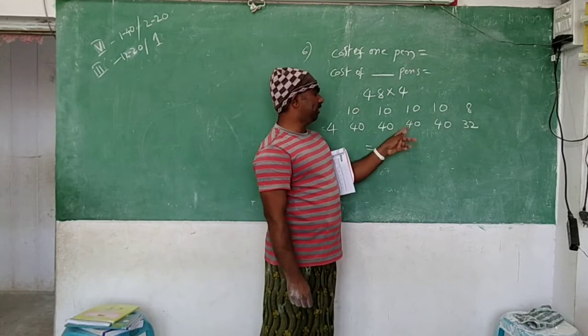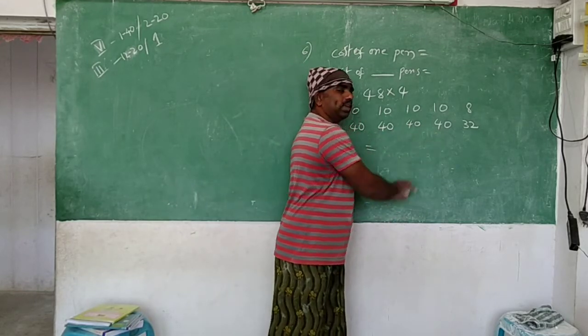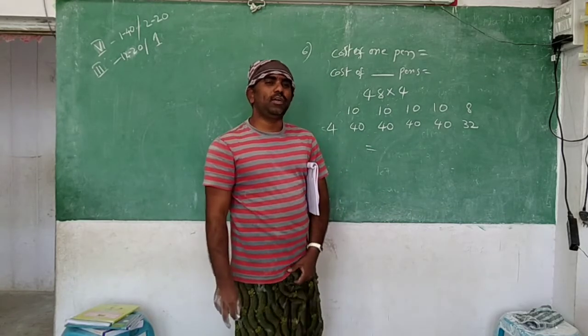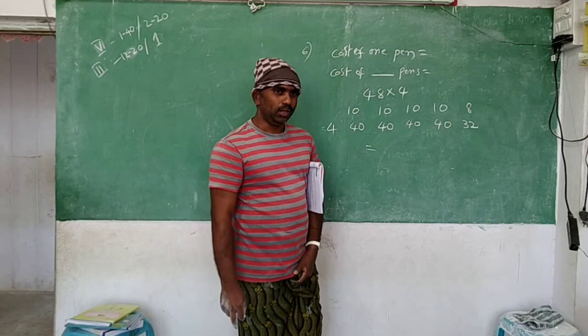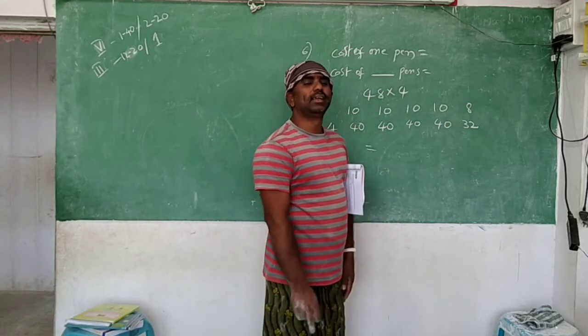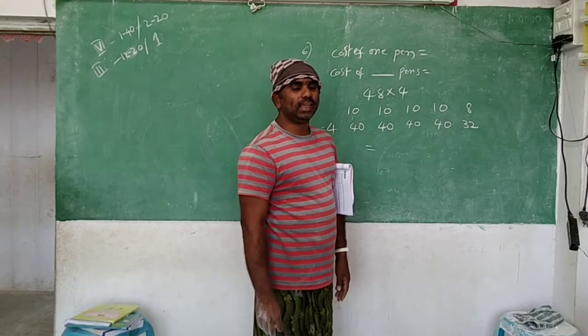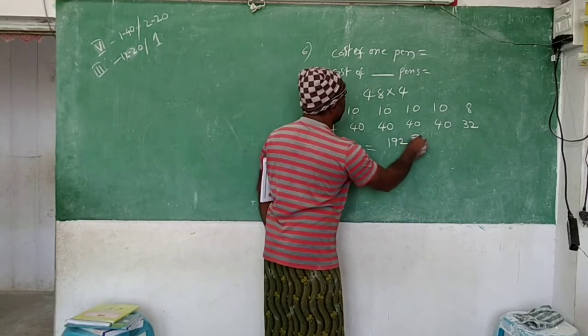How many 40s are there? 1, 2, 3, 4 times are there. 4 times 40 will be 160. 160 and 30 is 190, and 2, 192 rupees.